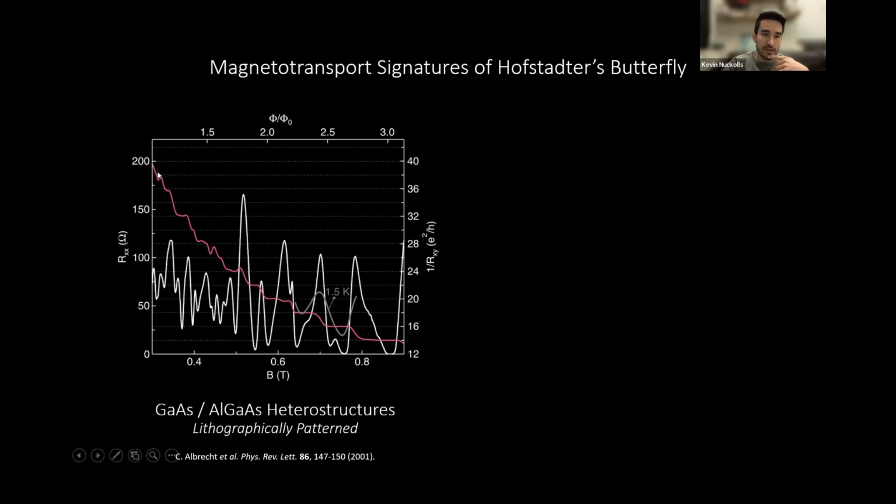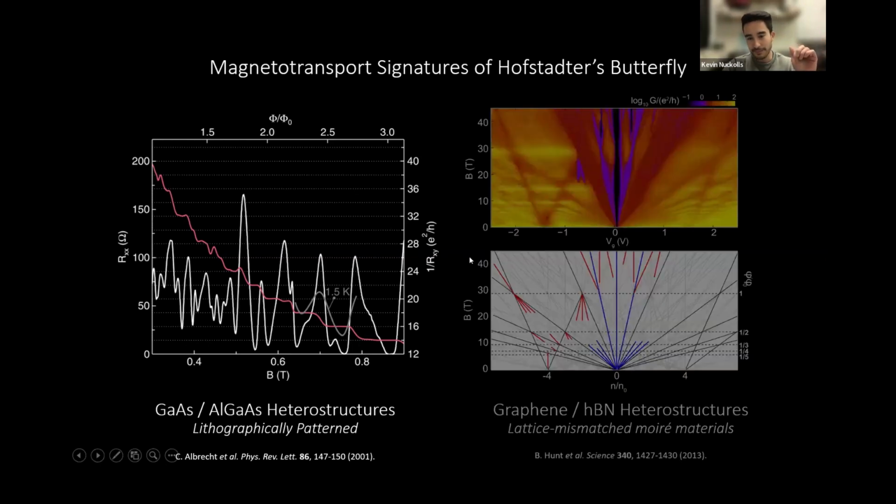So here, that red curve, you can see there are clear regions where there are non-monotonicities, regions where the Hall resistance can't be explained by a typical Landau fan, but can be explained by the intersection between Landau fans produced by the Hofstadter butterfly. So these are signatures of the Hofstadter butterfly at play in this lithographically patterned material.